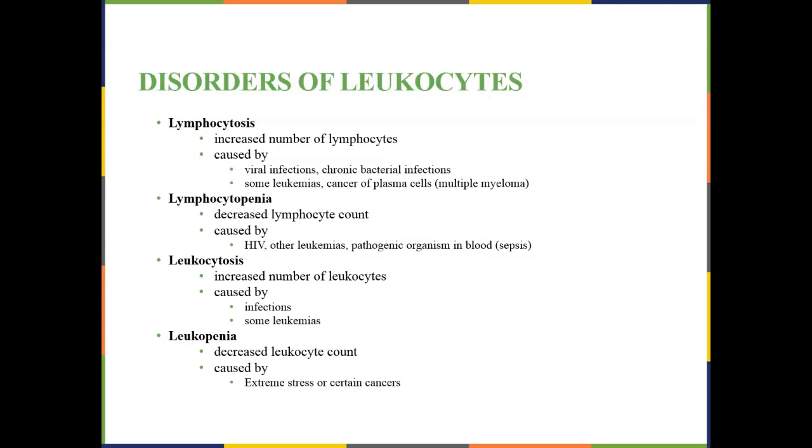Leukopenia, that decreased white blood cell count, is often associated with extreme stress or certain types of cancers, whereas lymphocytopenia, decreased number of lymphocytes, is associated with HIV, so a viral infection, or certain types of leukemia.